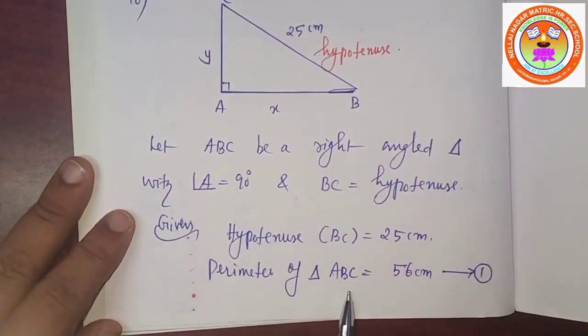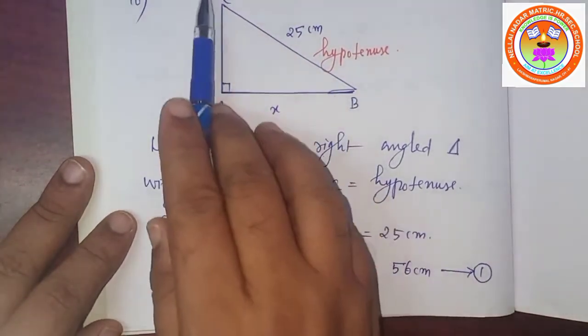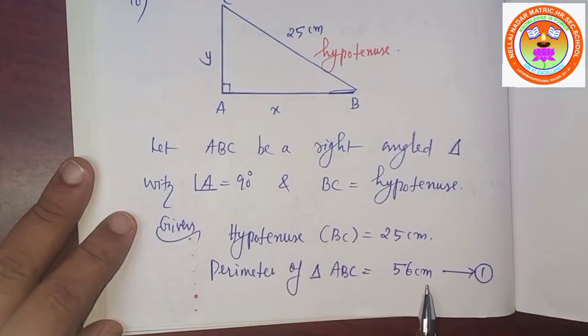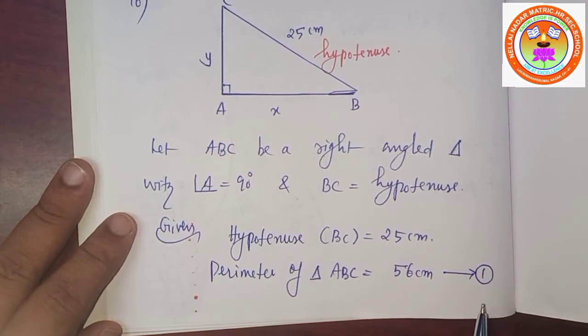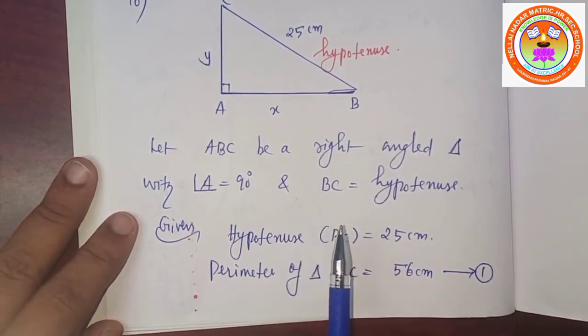And the perimeter of the triangle ABC equals 56 centimeter. Perimeter AB plus BC plus CA is equal to 56 centimeter. I consider this as equation number 1. We have to find the smallest side of the triangle.